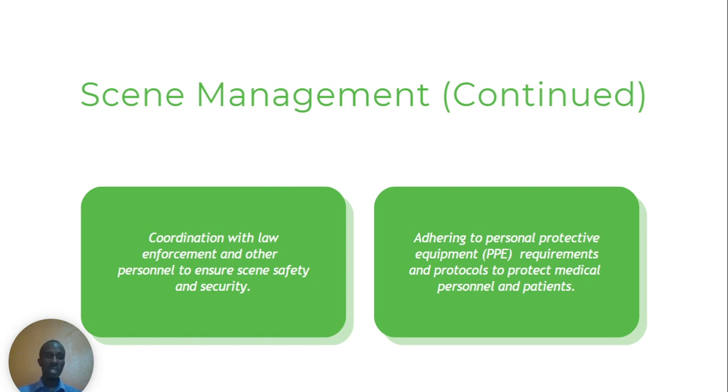So that is why we need law enforcement in place to ensure the safety and security of the scene, so that even people who are going to administer first aid are guarded and do it without fear.